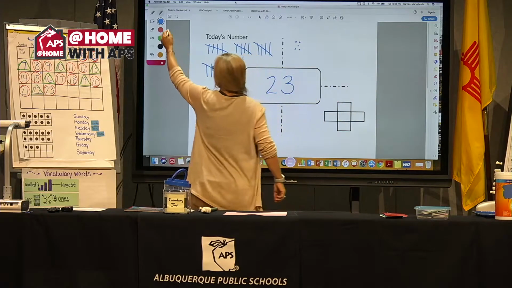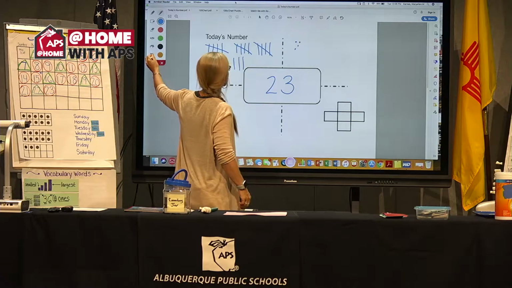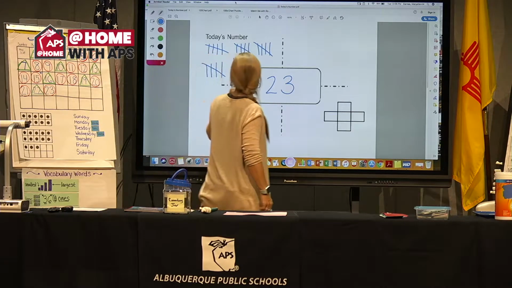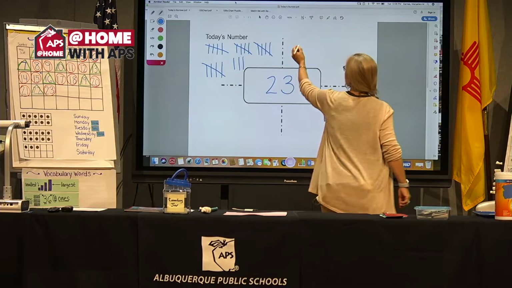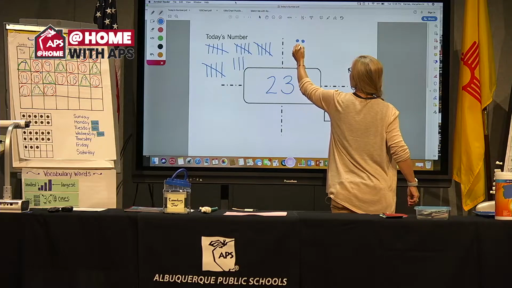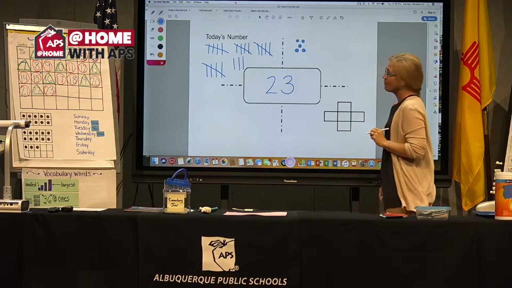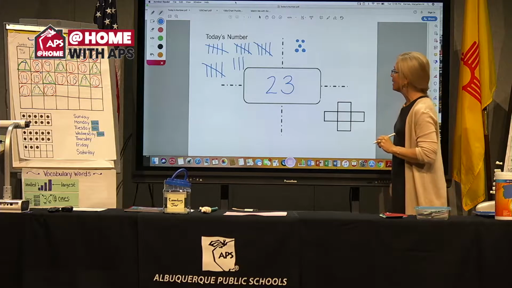I think I might make my marker a little bigger. That's a lot easier to see. Does that look like a 5 you've seen before on a dice?